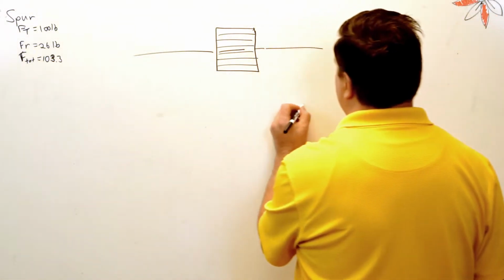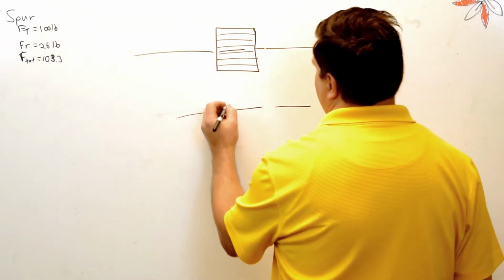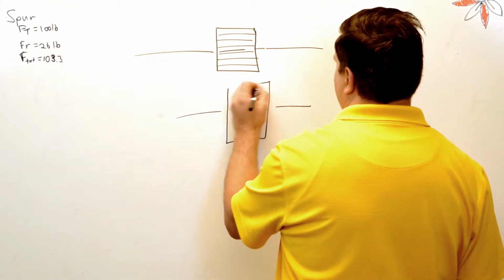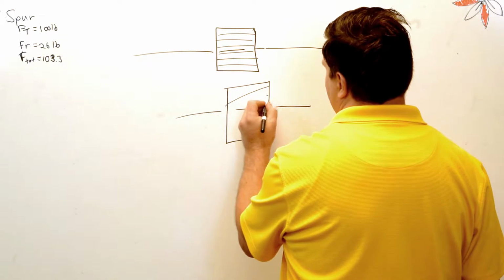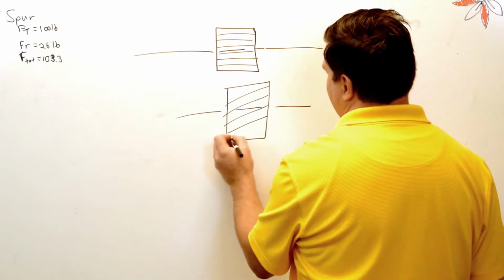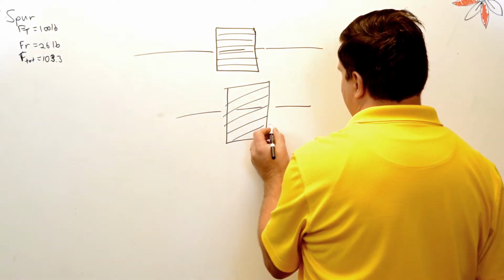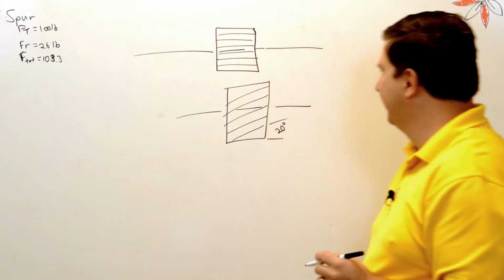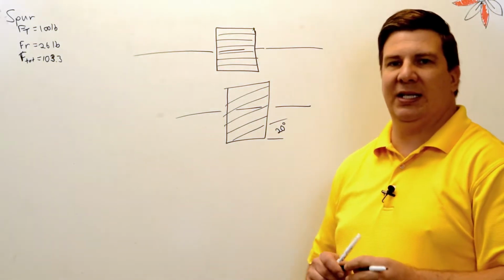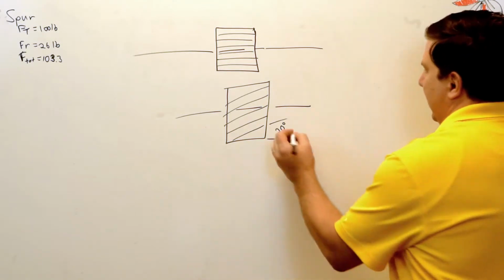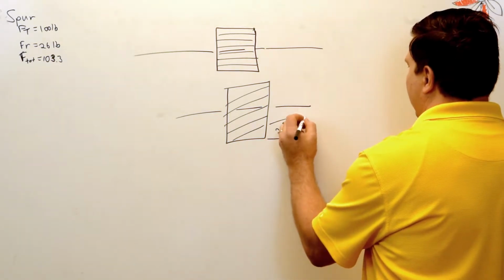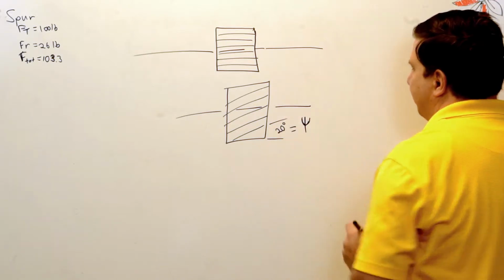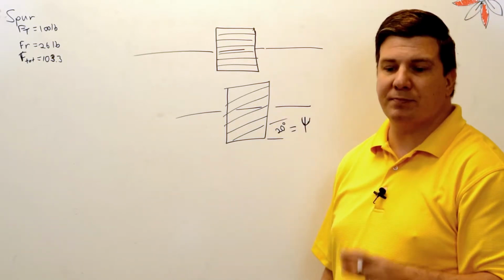However, if I make another gear, but I start cutting all my teeth, and we're just going to say that our teeth here are at a 20-degree angle. All right, so we're going to label that as our variable psi.